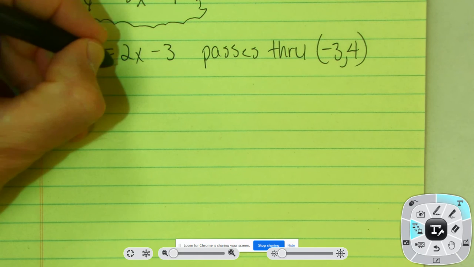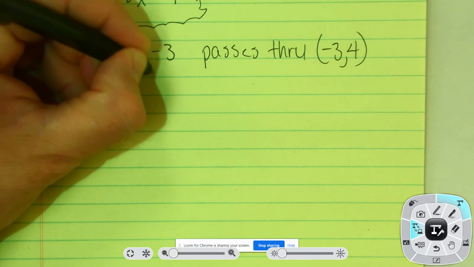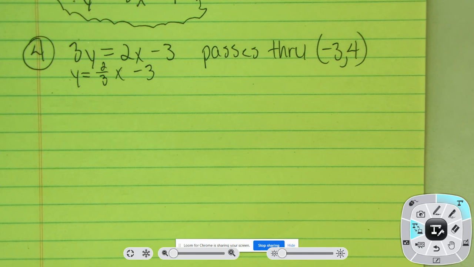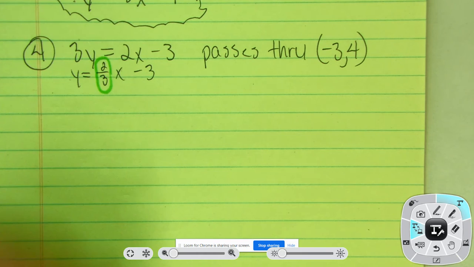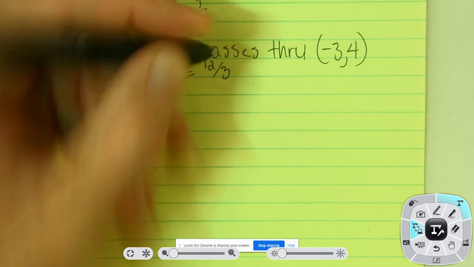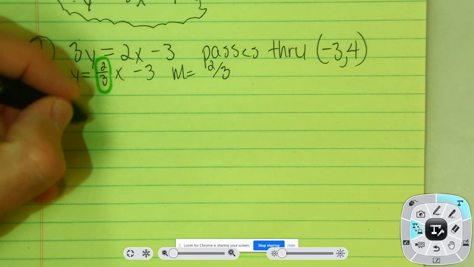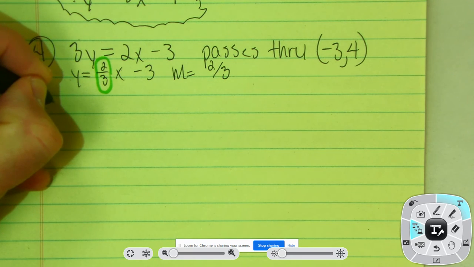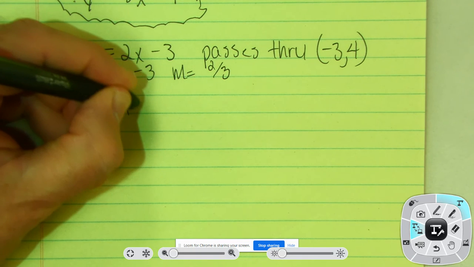So y is equal to 2/3 x minus 3. So I've got this coefficient of x. I've got my slope of 2/3. So I know that I'm going to take the slope-intercept form, y equals mx plus b, okay?